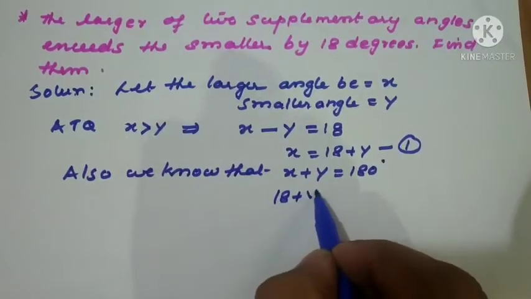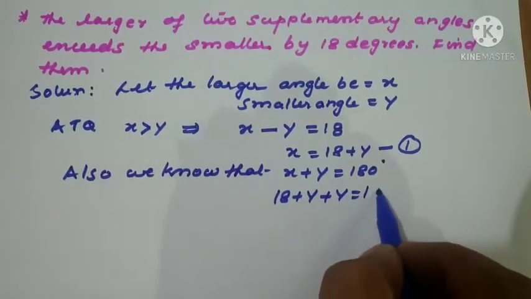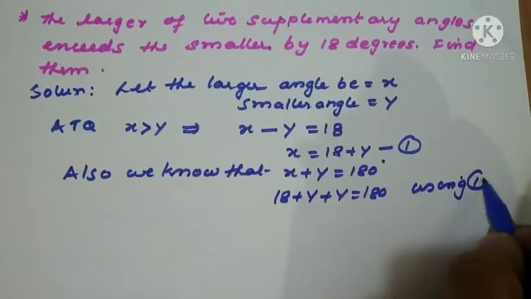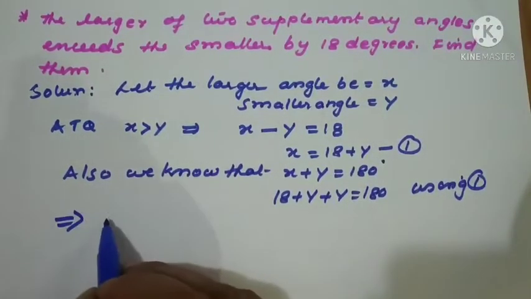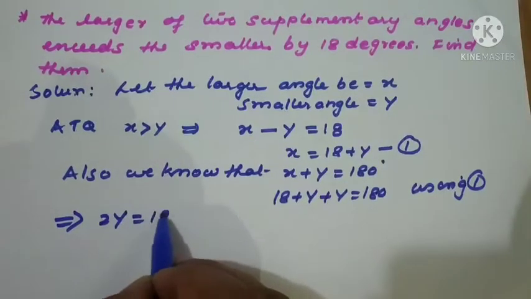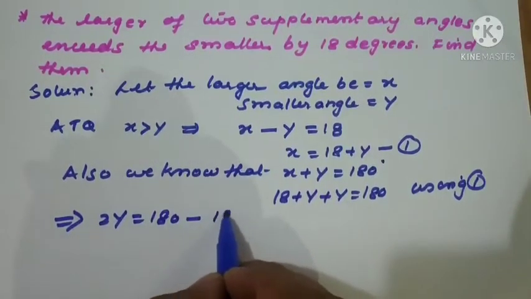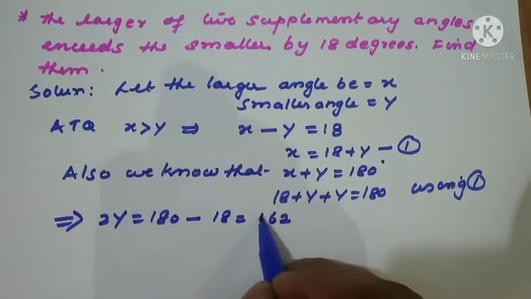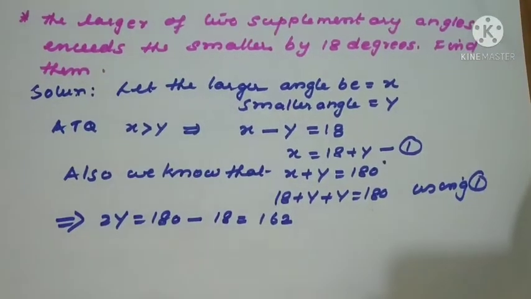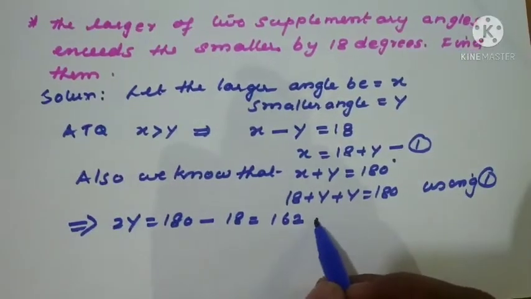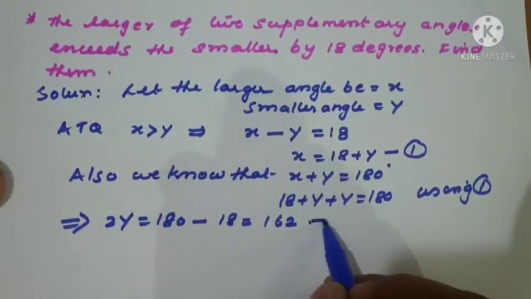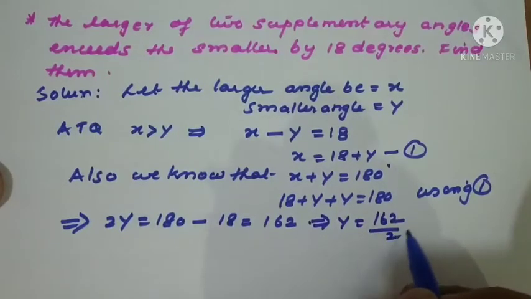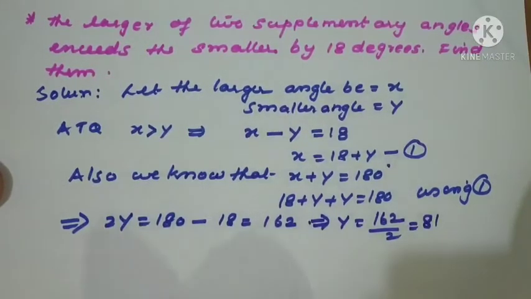So 18 plus y plus y equal to 180 degrees, using equation 1, implies 2y equal to 180 minus 18. So this implies y equal to 162 by 2, which is equal to 81.